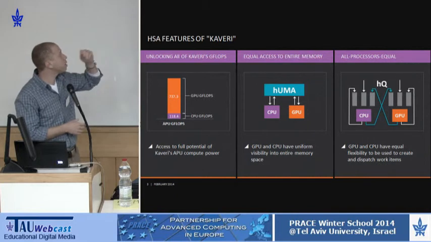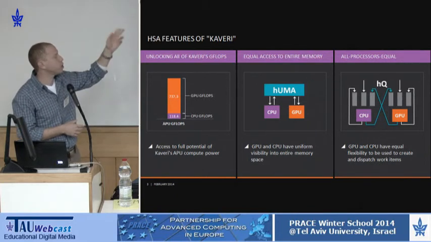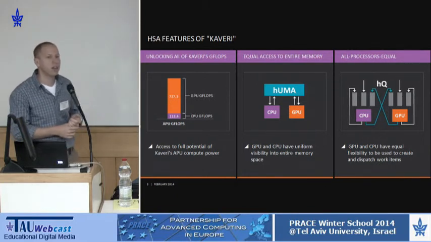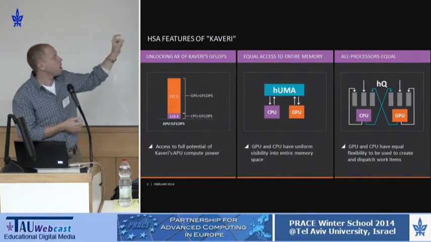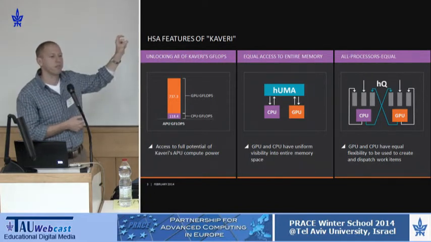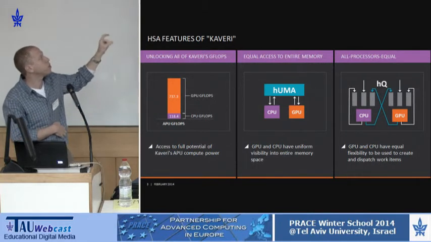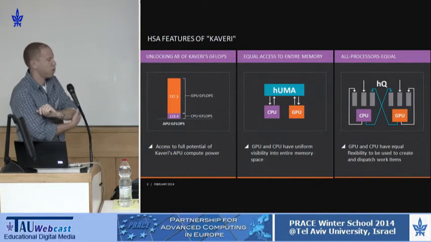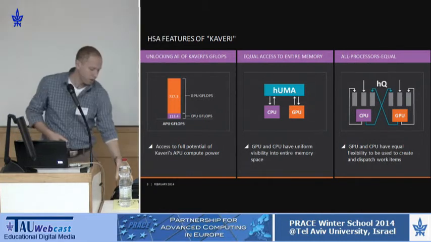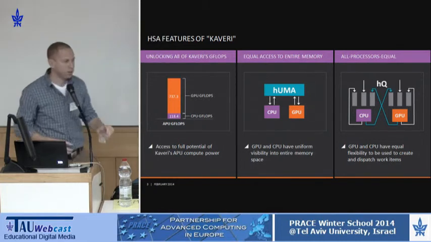As you can see, the chip can reach about 850 gigaflops per second: 118 of them are the theoretical peak of the CPU, and 730 are the theoretical peak of the GPU.